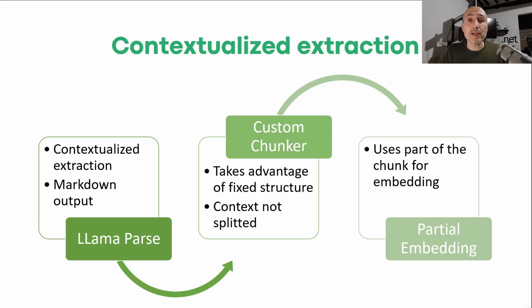Now in this third part, I finish this journey demonstrating how, in this situation, it is much more useful to use a custom embedding to generate embeddings only with the question part of the chunk.